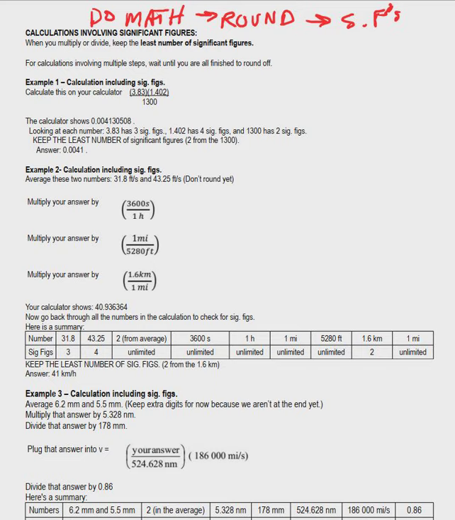Okay, so for example, 3.83 times 1.402 divided by 1300.